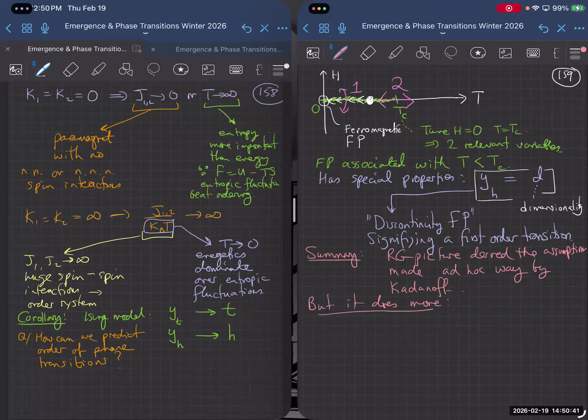And so now let me explain what the extra thing is that it does.